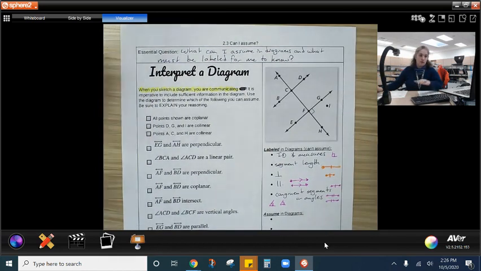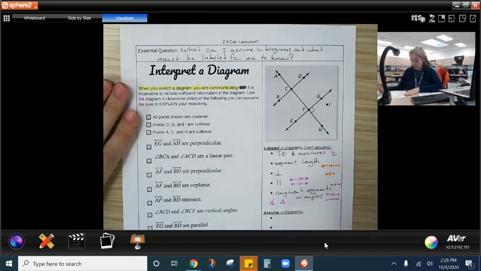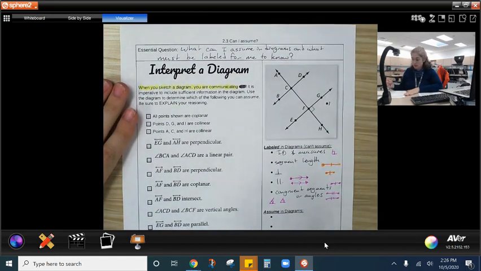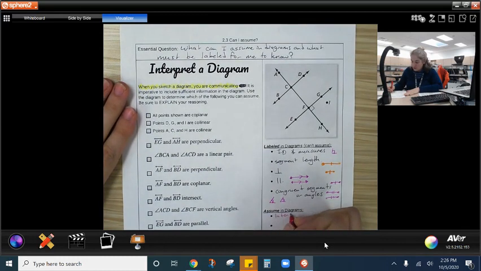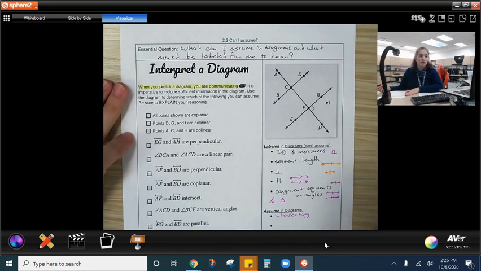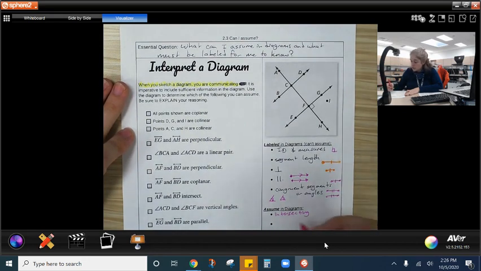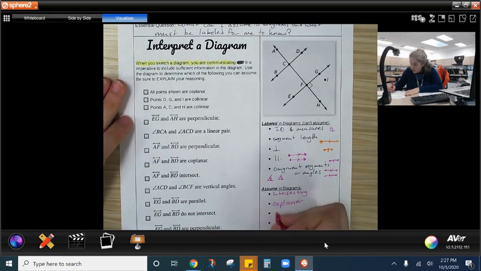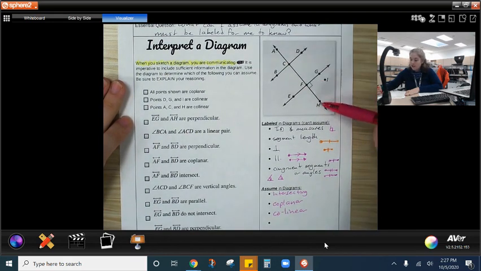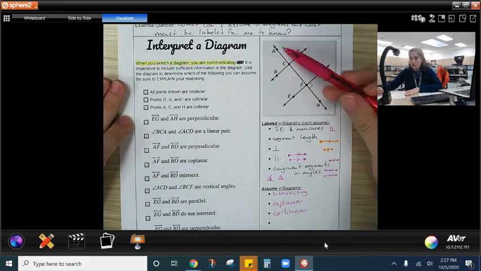Some things that we can assume just by looking at the diagram would be intersections. Intersecting lines, intersecting rays, anything that intersects, we can assume. We can assume things that are coplanar, or collinear. So A, C, F, and H are all collinear points.